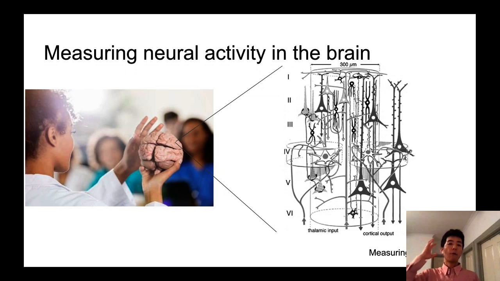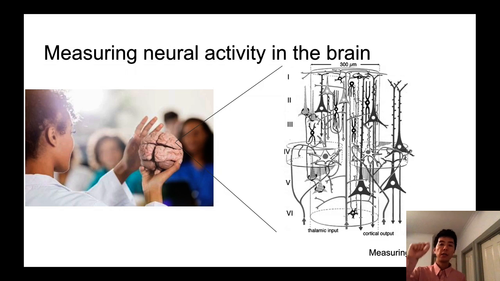For each of the right and left hemispheres, you can imagine this 1 millimeter thick, pizza-like disc, crumpled like this and put into your skull. That's how the cortex looks in reality.